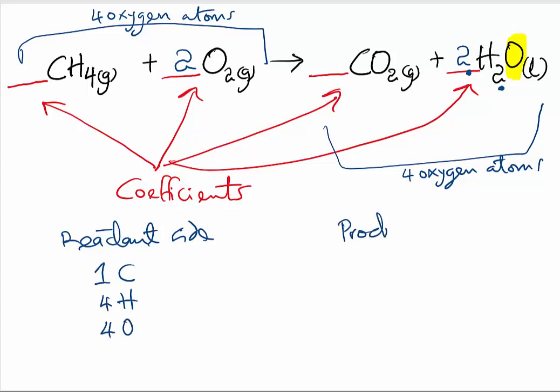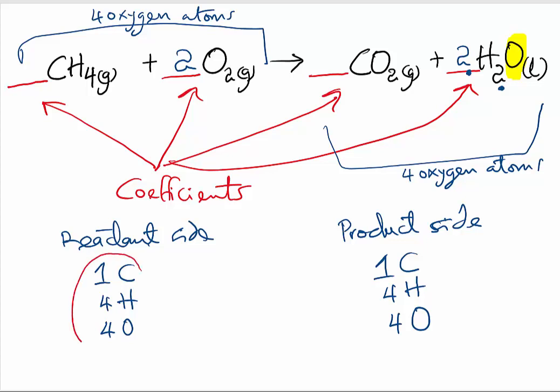On the product side, we have 1 carbon atom, 4 hydrogen atoms and 4 oxygen atoms, which means that the total number of each element on each side of the reaction is completely balanced. That means this reaction now is a balanced equation.